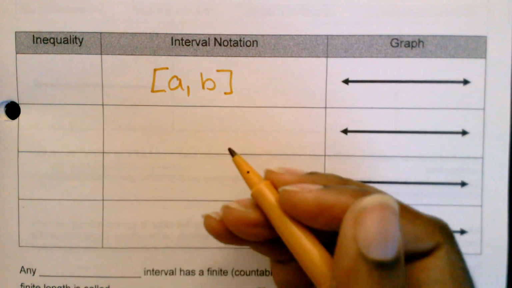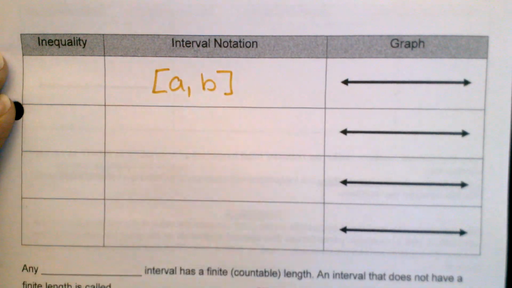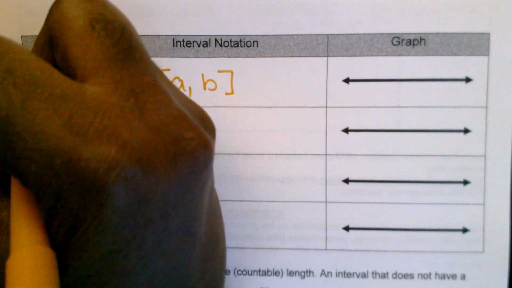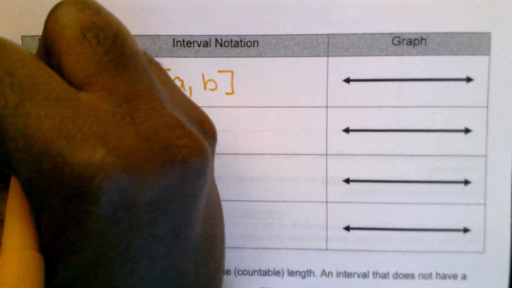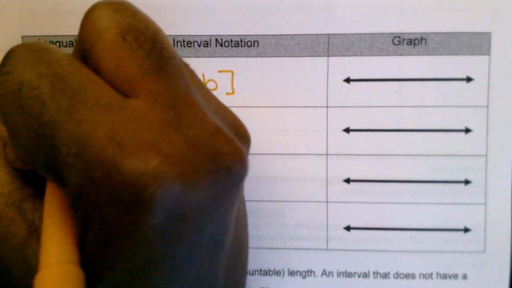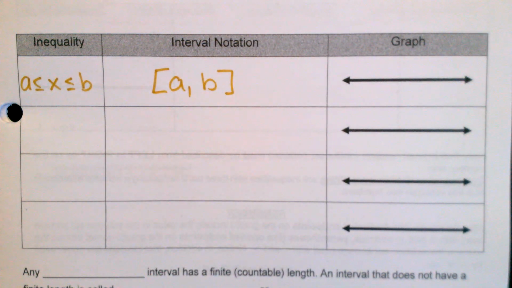Going over here to the inequality, A is less than or equal to X, which is less than or equal to B. So when you see interval notation, is it always from smallest to greatest? Yes, always, always, always. Just to reiterate what he asked, whenever we are writing interval notation, it is always left to right, smallest to greatest.